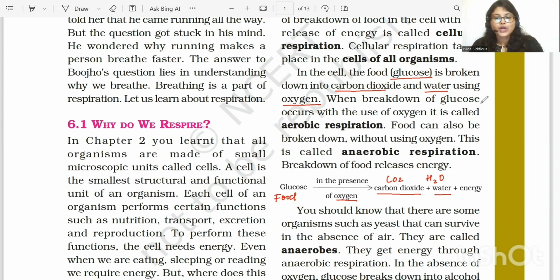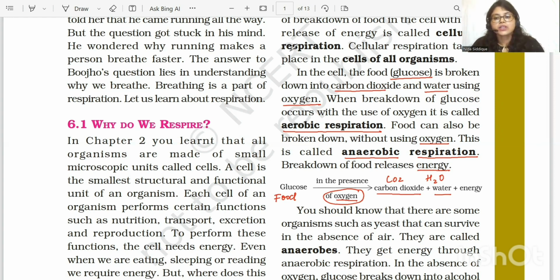Now, when the breakdown of glucose occurs with the use of oxygen, इस type की respiration को we'll call it as aerobic respiration. Food can also be broken down without the presence of oxygen. Okay, और उस type की respiration को हम कहेंगे anaerobic respiration. So there will be breakdown of food and ultimately energy is released. Food के breakdown से energy release होता है.